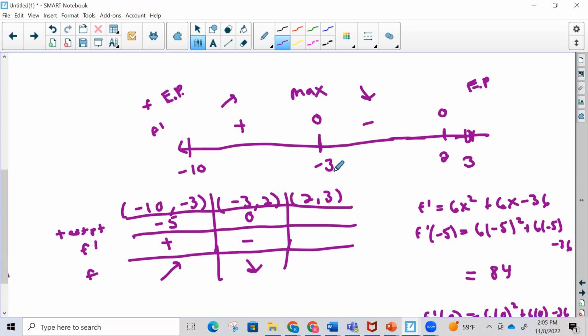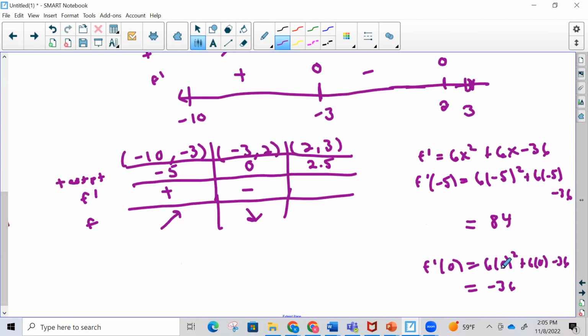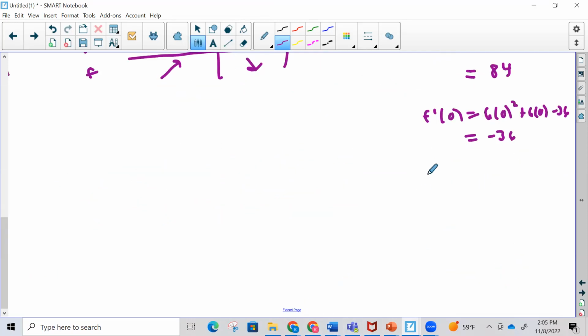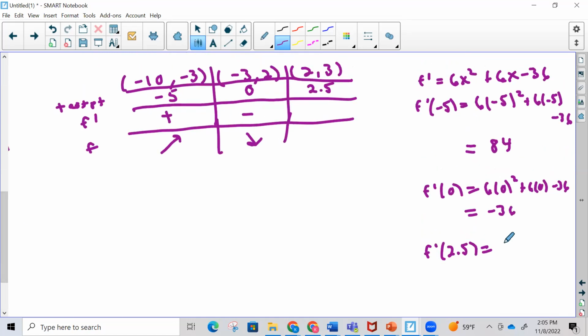And so then from -3 to 2, we did that. We need 2 to 3, so we pick something in there, like 2.5. We could technically do 3 because it's an endpoint and not where the derivative is equal to 0. It won't matter. Okay, so I'm plugging it into this, 2.5 squared.